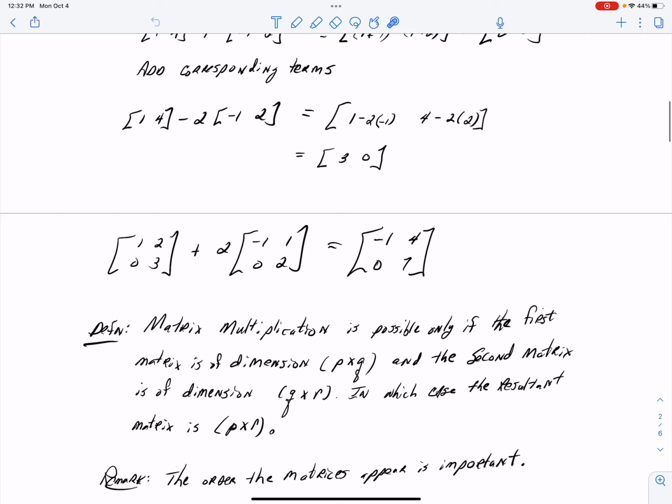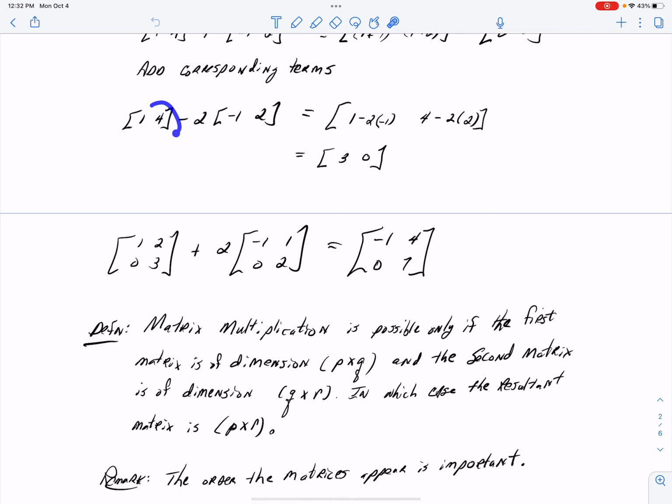I can combine those two concepts. I can take a matrix and add or subtract a multiple of another matrix just by doing what I'm going to claim is the natural thing. So you take the 1 and add the minus 2 times minus 1. That's what you get in the first slot.